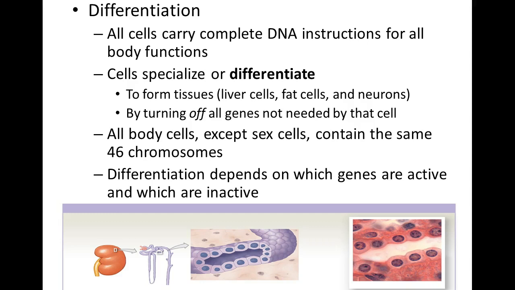And then with that, by definition, if they've differentiated, certain parts of the genetic code are off or on in that particular cell. And all body cells have 46 chromosomes, except for sex cells, and differentiation depends on this whole process of active or inactive genes in that particular cell.